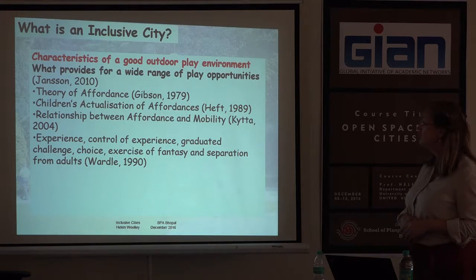We also have people who talk about disabled children, and children needing experience to be able to control that themselves, having graduated challenge, choice, exercise of fantasy and separation from adults.